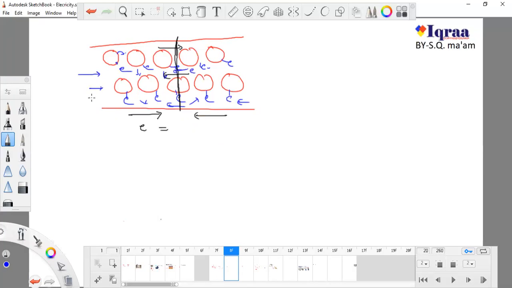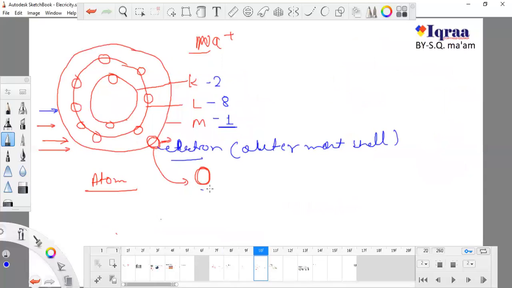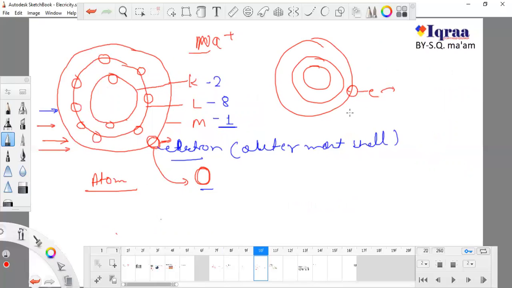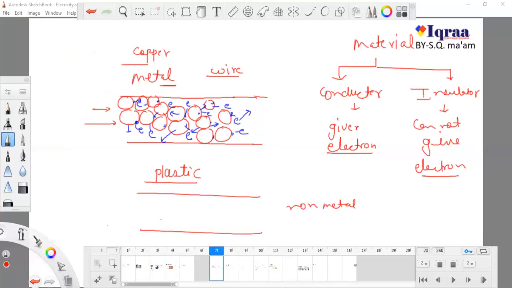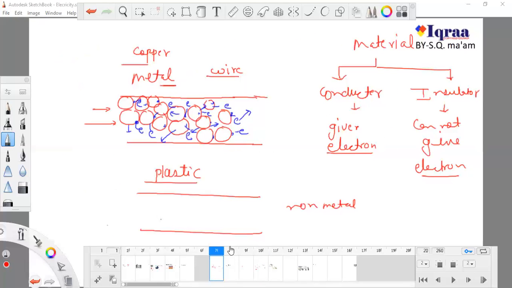I just gave a jerk, I just gave a force to it, and all the electrons came out. There are so many atoms and all electrons from the outermost shell came out, and now they are moving here and there however they want.